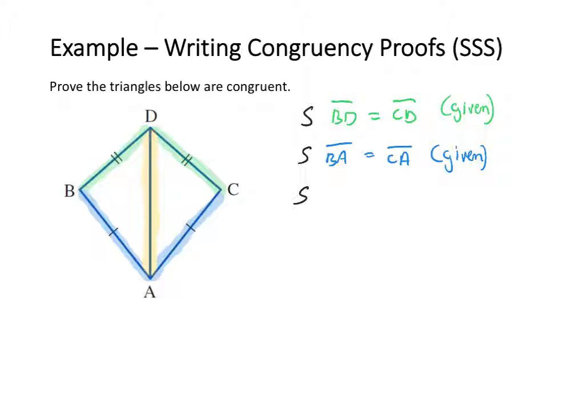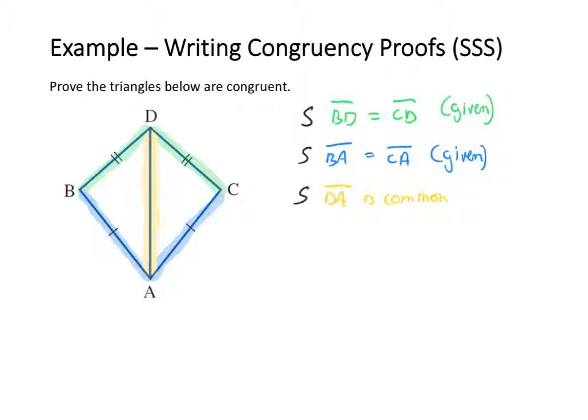This time DA is in both triangles, so instead of saying one side is equal to another side, I'm going to say line DA is common. Now I don't need to give a reason for that because the reason is within the statement already, that is, it is common.